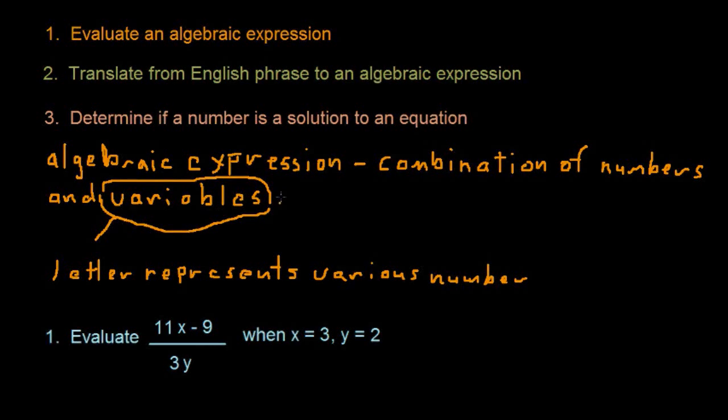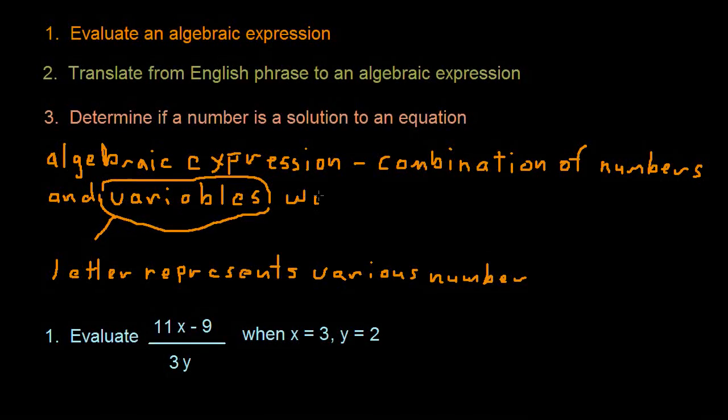So let's go back to our definition of algebraic expression. We said that it's a combination of numbers and variables with operations. And now what are operations? Operations are things like addition, subtraction. Notice we have a subtraction in our problem. Also multiplication.